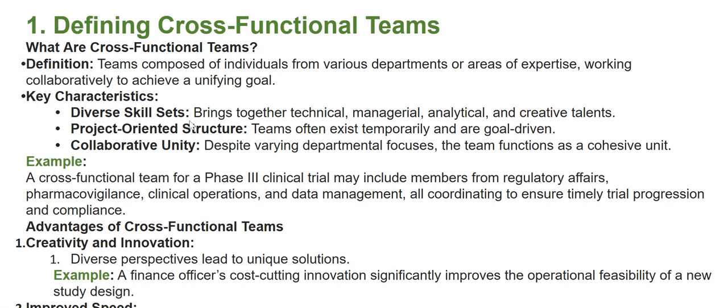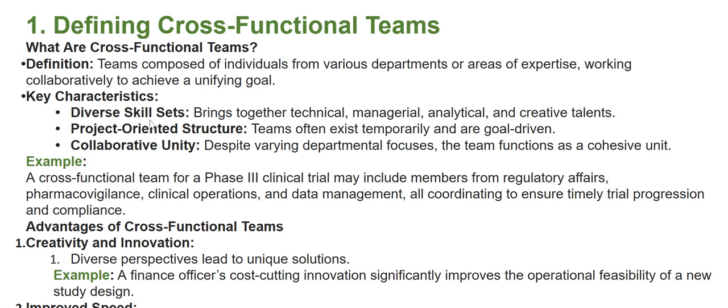Diverse skill sets: bringing together technical, managerial, analytical, and creative talents. Project-oriented structure: teams often exist temporarily and are goal-driven. Collaborative unity: despite varying departmental focuses, the team functions as a cohesive unit.